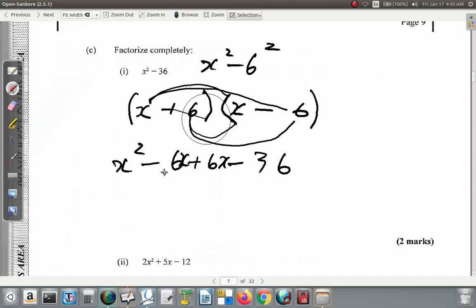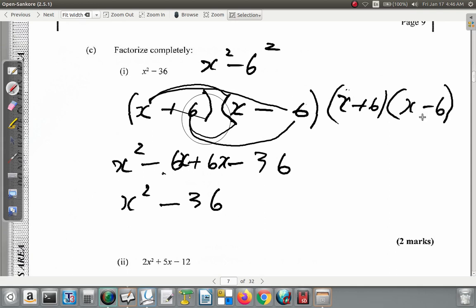In the middle here, negative 6x plus 6x is 0. You don't have to worry about the 6x anymore. So you end up back with x squared minus 36. So just testing it to see if it is alright. So the answer for this question is really x plus 6, x minus 6. Alright?